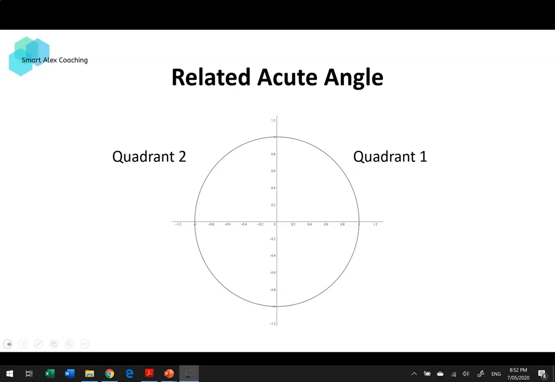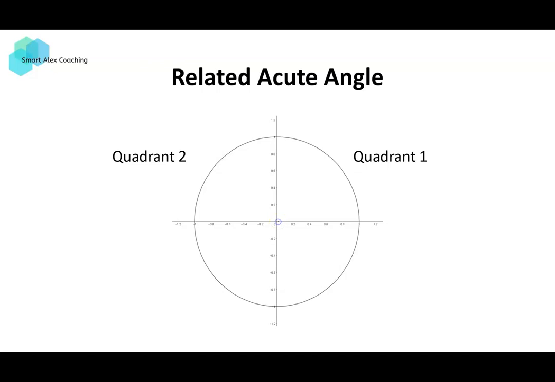Firstly, suppose I've got a point P with coordinate xy in quadrant 1. So here's my point P with coordinate xy. And what I'm going to do is construct a right angle triangle. Here's going to be my right angle. That's going to be x and that's going to be y. This is angle theta. And I'm going to construct an identical triangle in quadrant 2. I'm going to call this point P dash, and it's going to have the coordinate minus x, y.